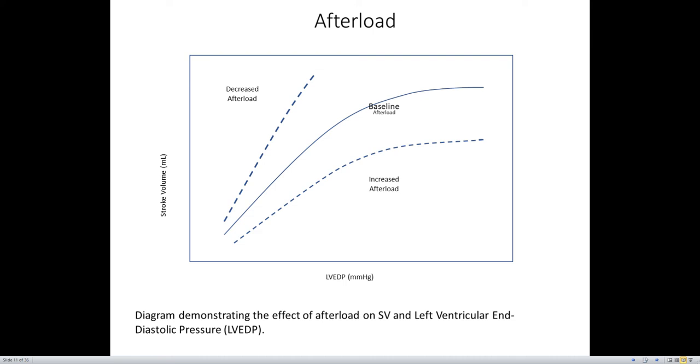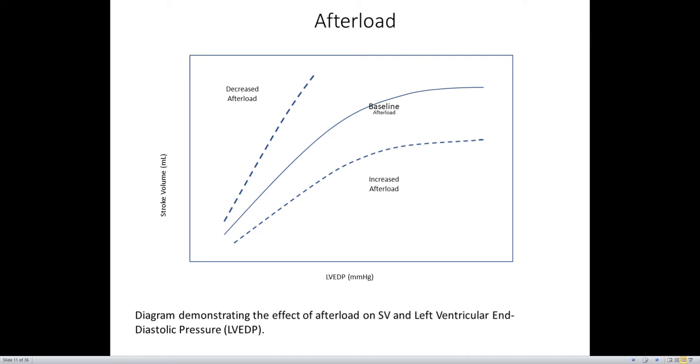If we look at a decrease in afterload, which is the top dotted line in this figure, we have more stroke volume and less left ventricular end-diastolic pressure compared to baseline. In that situation, we've got the optimal stroke volume and the optimal left ventricular end-diastolic pressure.